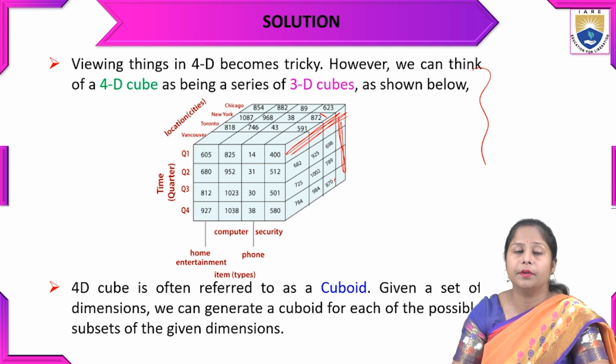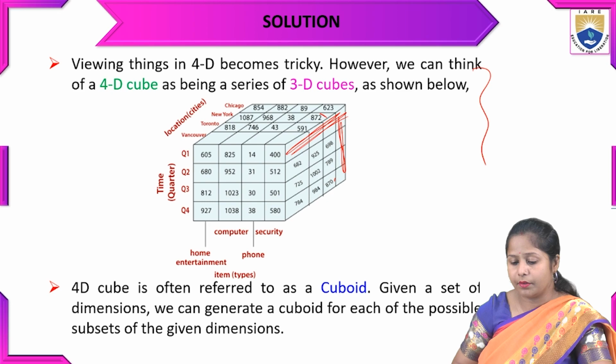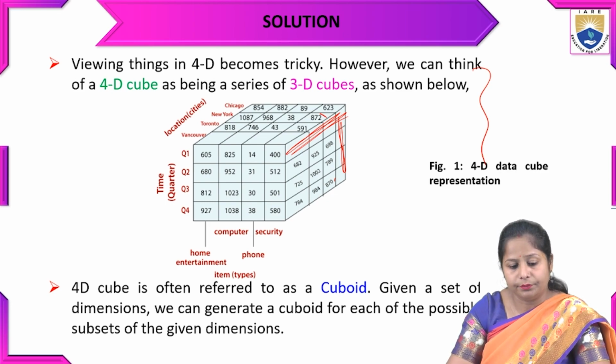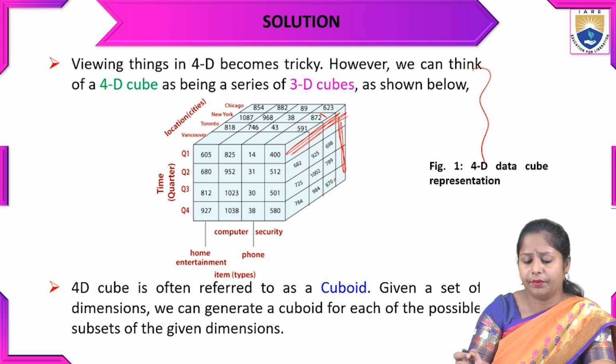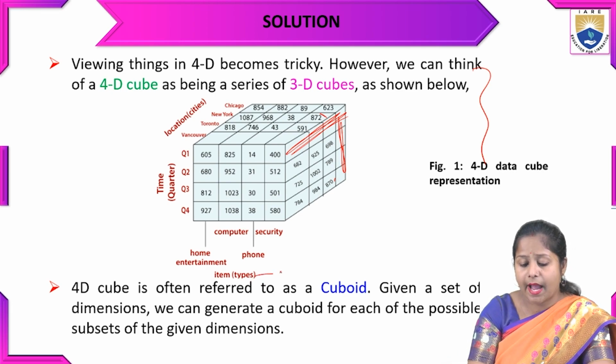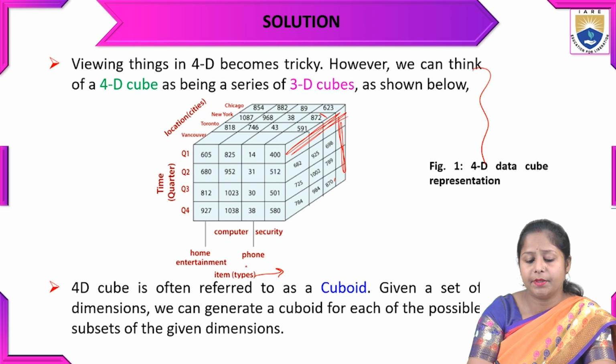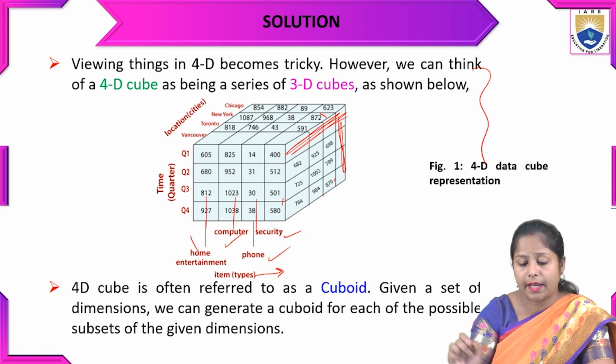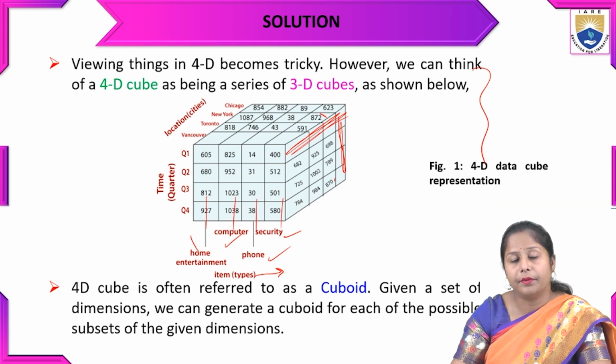So that is particularly the 4D logical view of the same all electronics data facts. Here we can see the item, with types home entertainment, computer, phone, and security, in the front view.